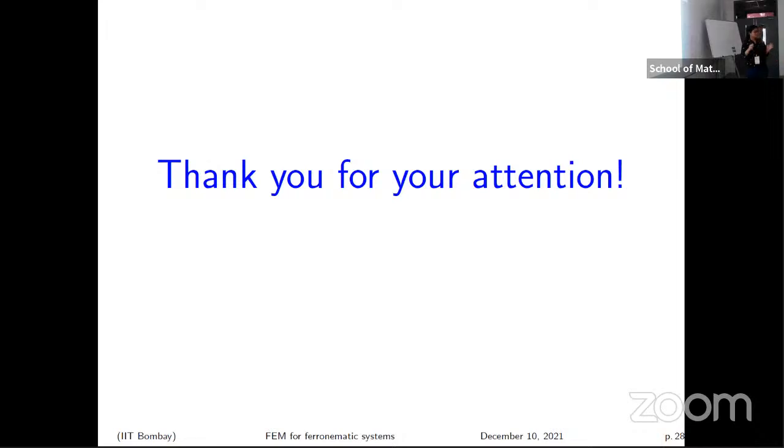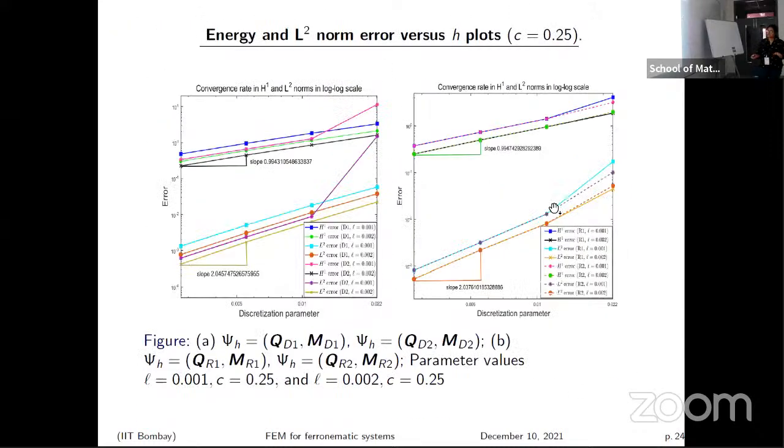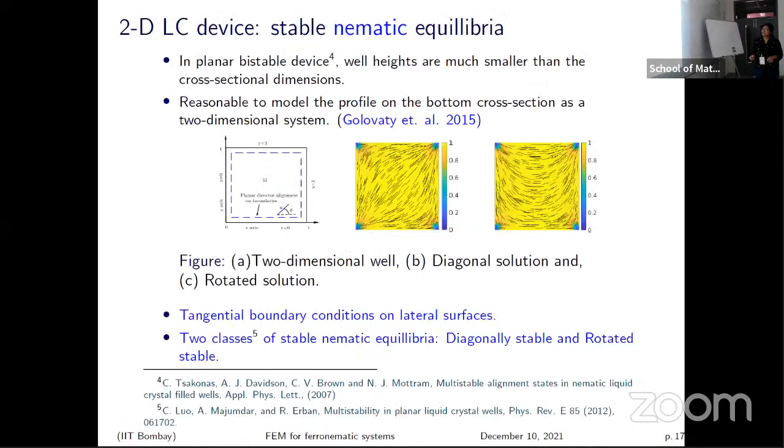Maybe you can go back to the slide. So for these diagonal solutions, let us look at this diagonal solution. We want the molecular orientation to be this way and this way, and from here this way and this way.